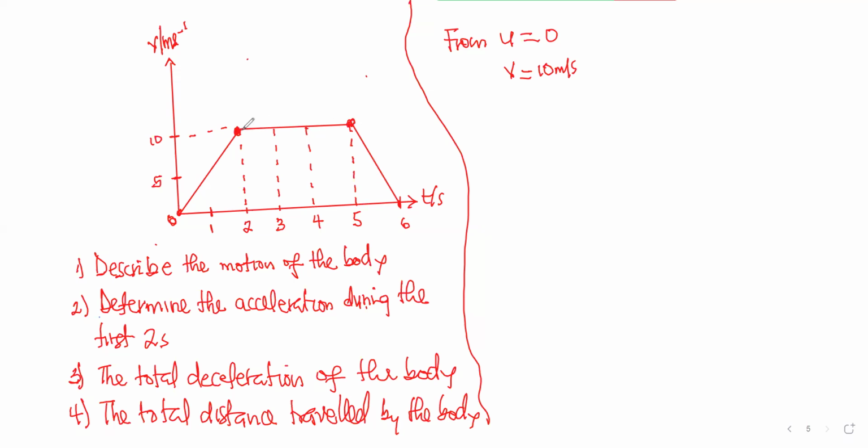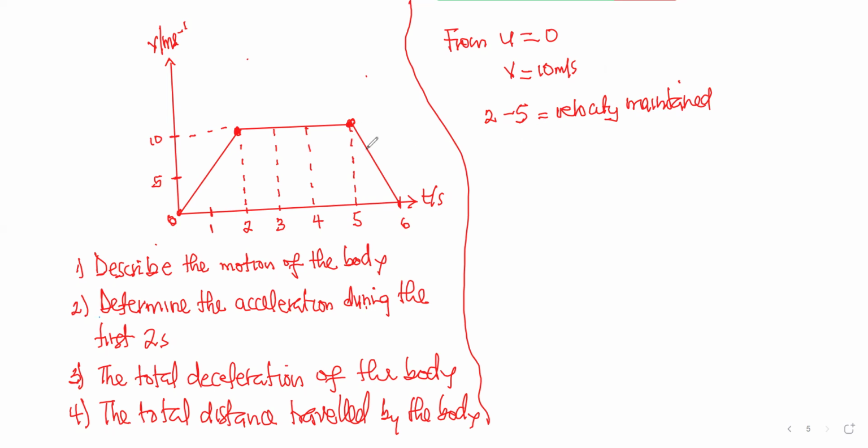So it maintained here, the velocity is not changed. So between 2 to 5 seconds, whose interval is 3, the velocity is maintained. So constant velocity. Please, I hope we are following.